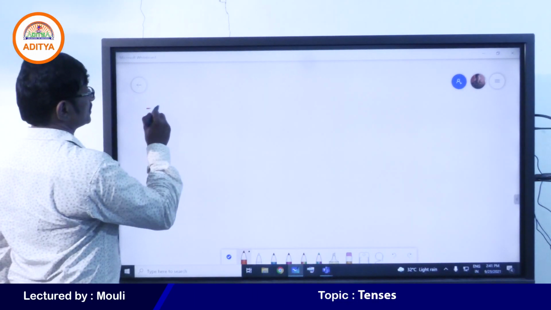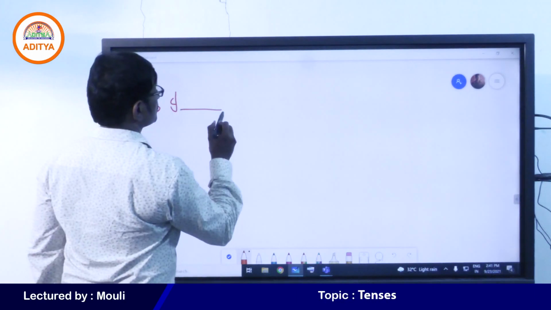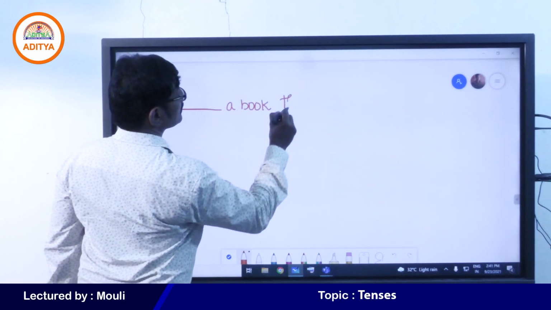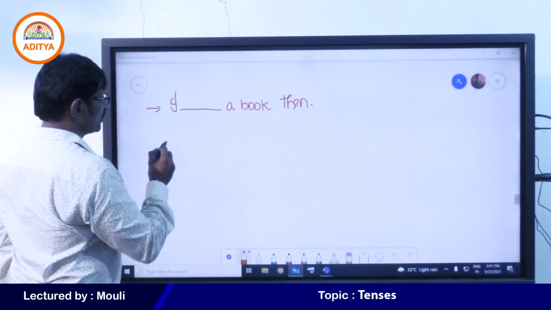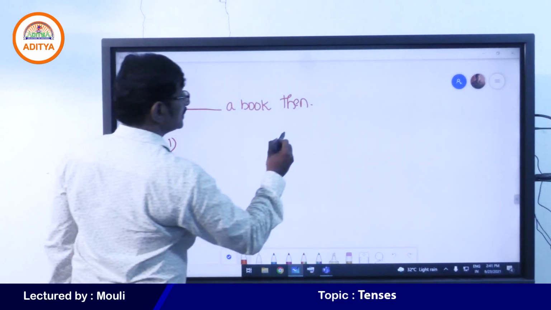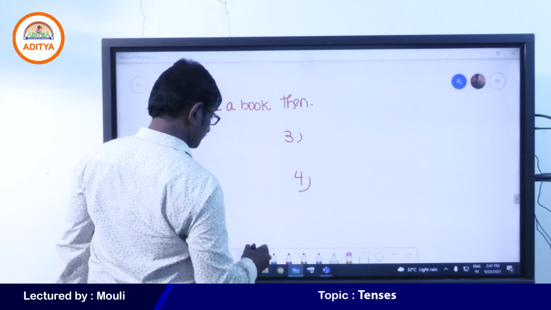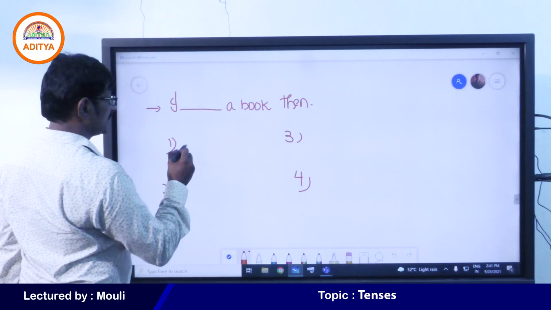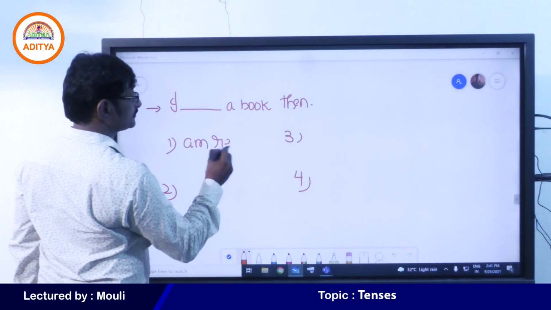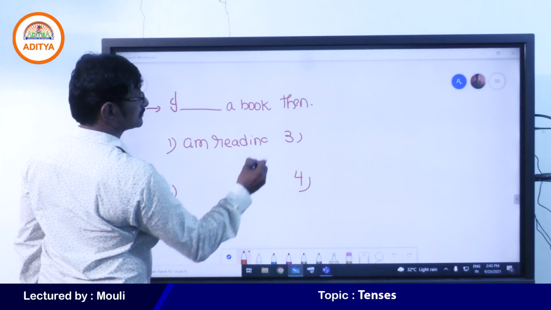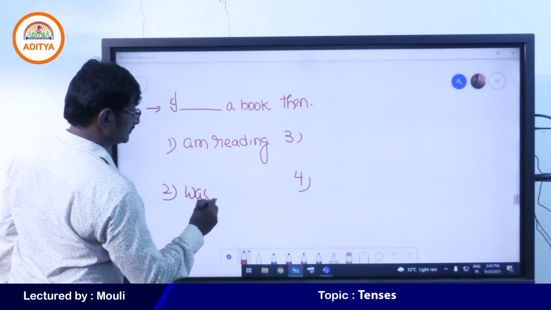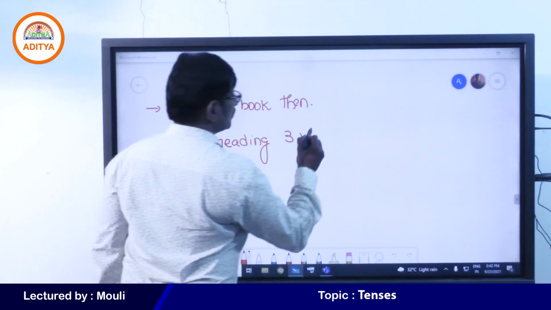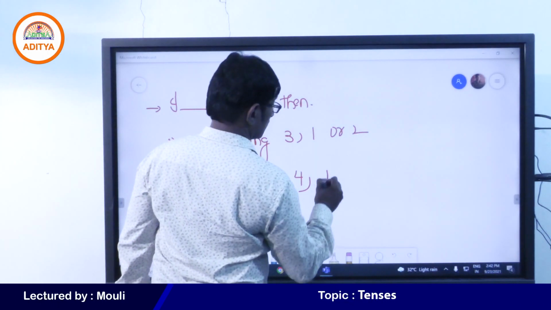Now the examples, you take now. I dash a book then. The choices: 1, am reading; 2, was reading; 3, 1 or 2; 4, none.